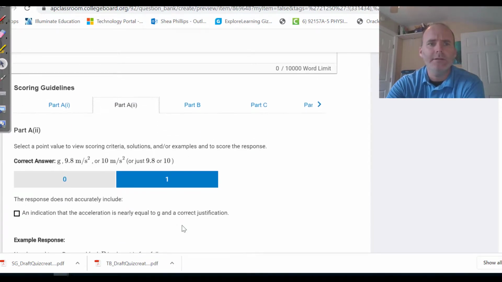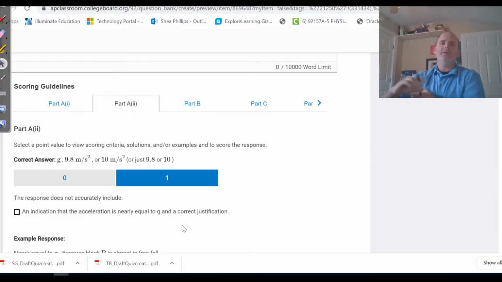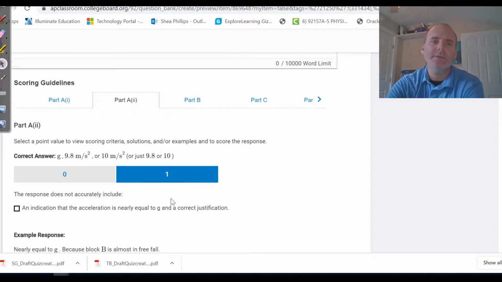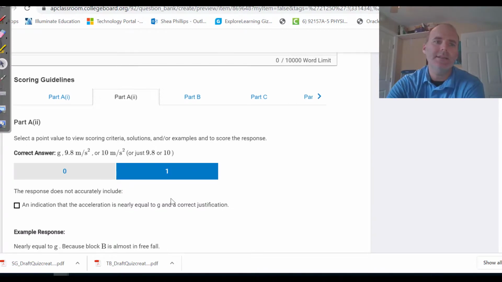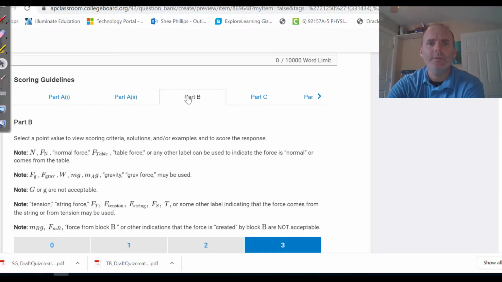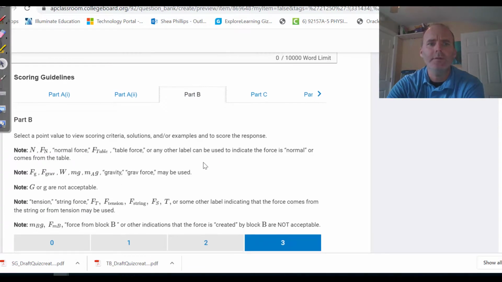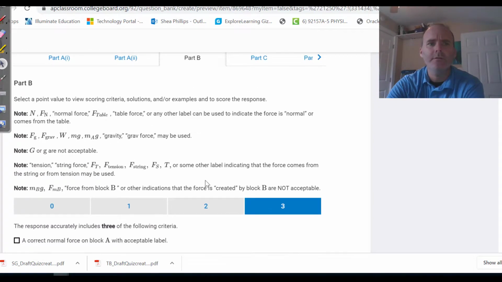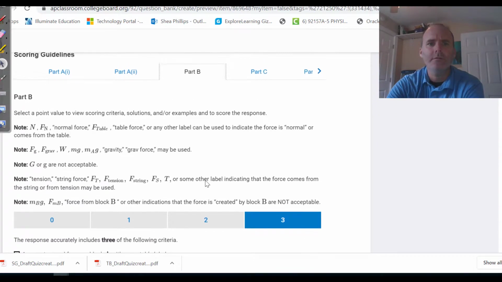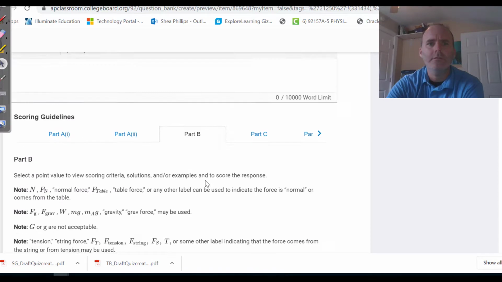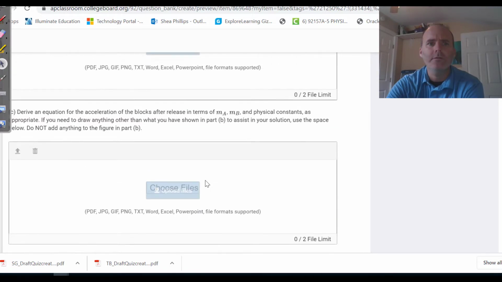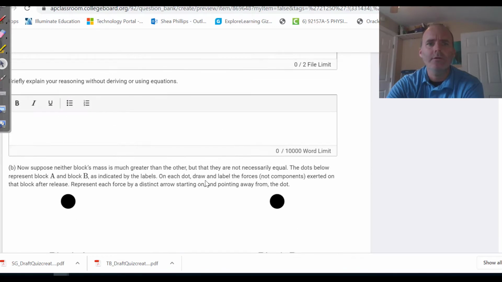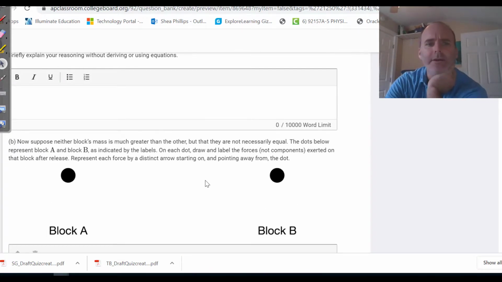And the second part, knowing that it's going to be close to the value of 10 meters a second squared because A has next to no mass. Okay, part B. Part B was the free body diagram.